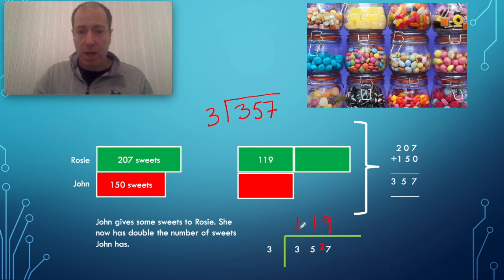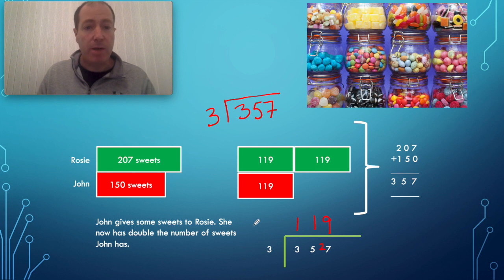So I can put 119 into each of the bar models. 119 plus 119 plus 119 is still the same amount of sweets as we had at the start of the question, which is 357. If that's a bit confusing, I strongly suggest stop the video and have a little think about that.